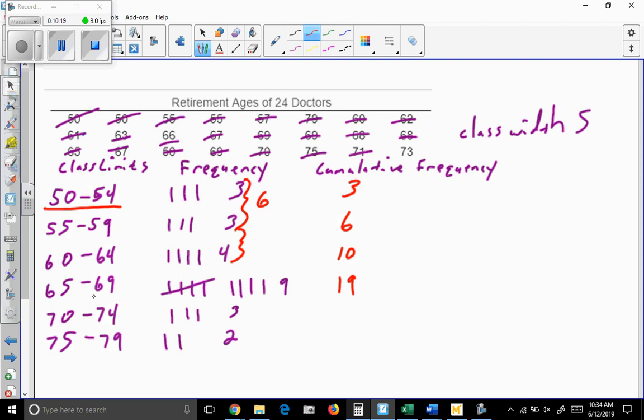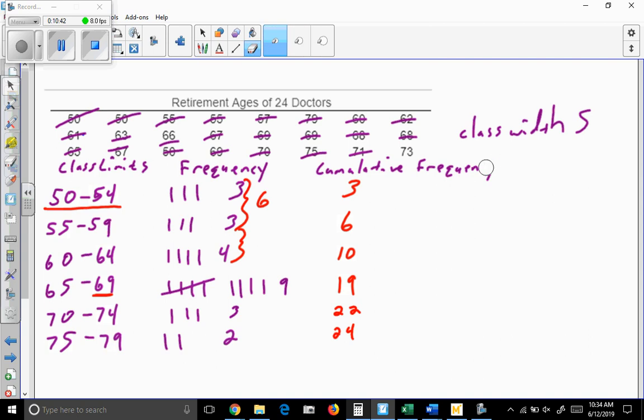So by the time we get through 69, we've accumulated 19 pieces of data. Then when we get to 74, we've added 3 more, and when we get to 79, we've added 2 more. So those are our cumulative frequencies.